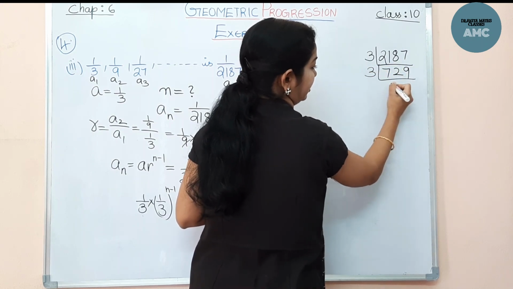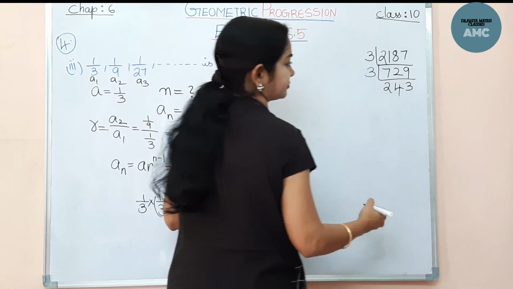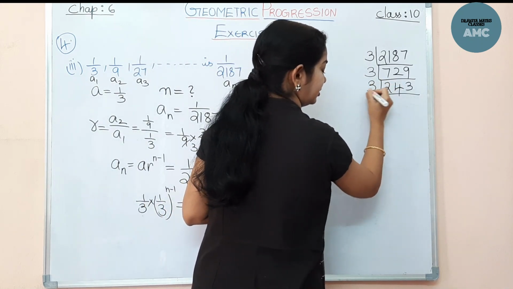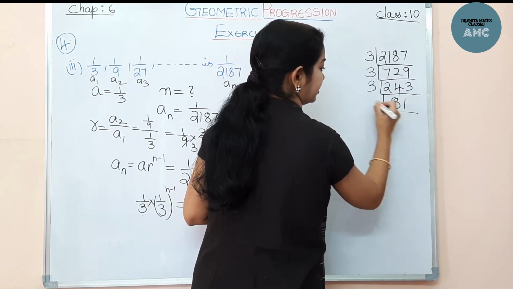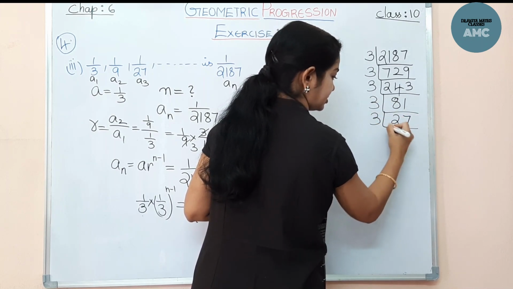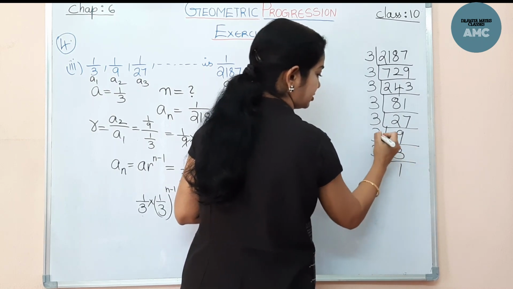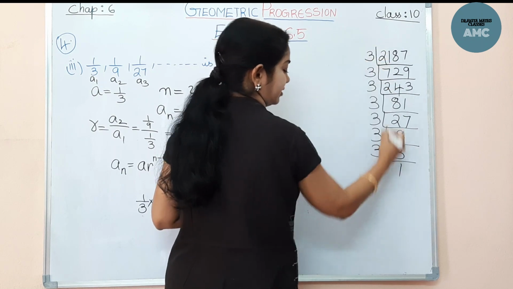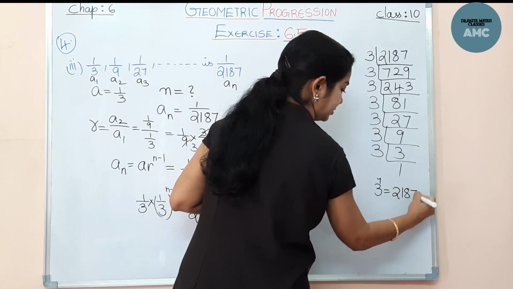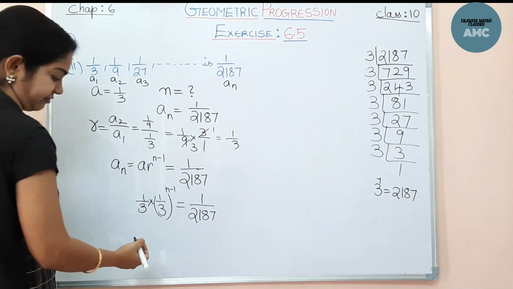Again 3 twos are 6, 3 fours are 12, 3 threes are 9. Right, you got it here. Now again 3 eights, 3 ones, 3 twos, 3 sevens. Again 3 nines, 3 threes, and 3 ones. So 1, 2, 3, 4, 5, 6, 7. So 3 raised to the power of 7 is 2187. I have done the prime factorization.